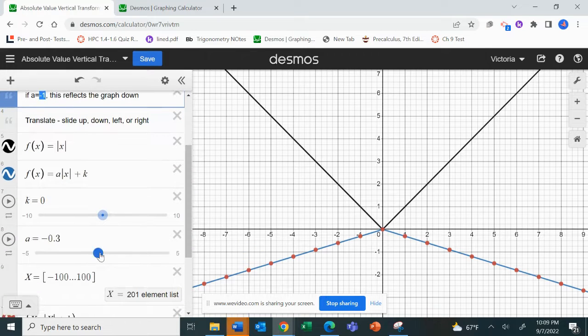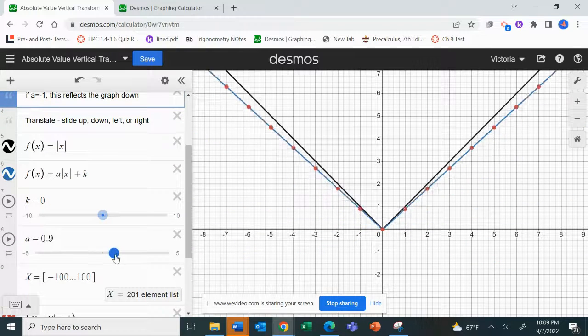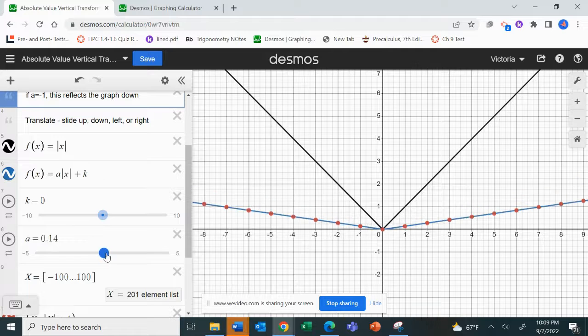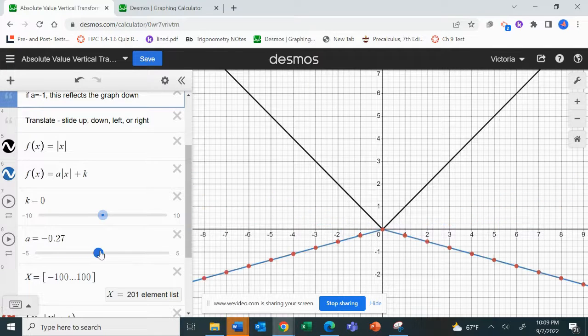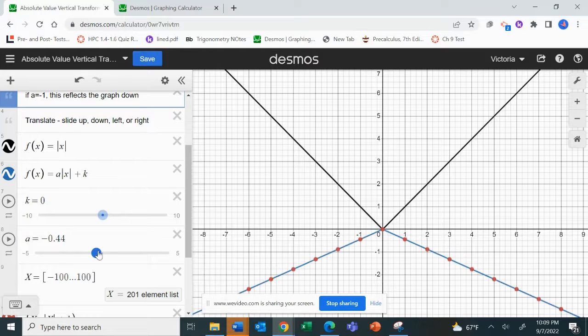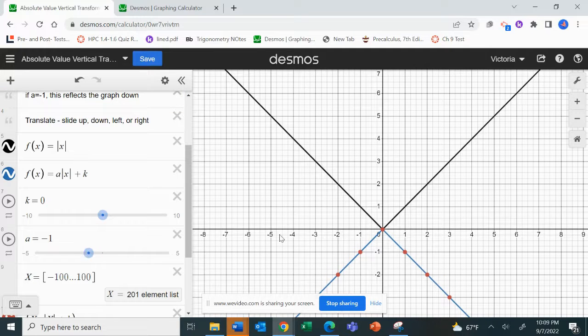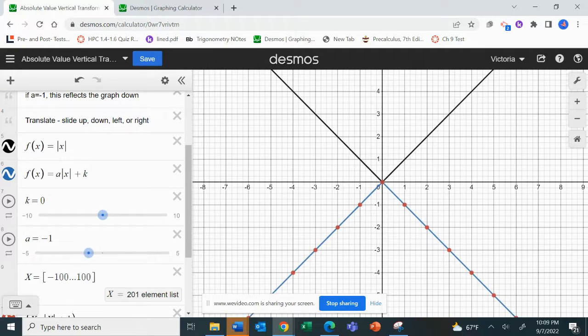So I can still play with this. Here are my positives. We've got a vertical shrink, but it's facing up. Or if I go lower than 0, now I've got a vertical shrink, but it's also reflected down. Once I go down to -1, there is no shrink or stretch. It's exactly the same graph reflected down.